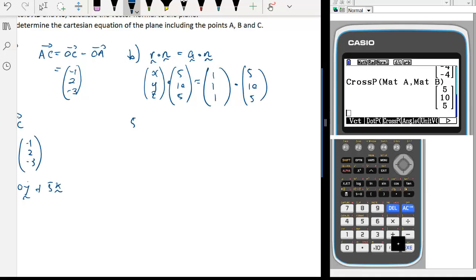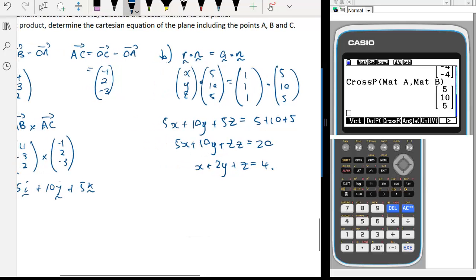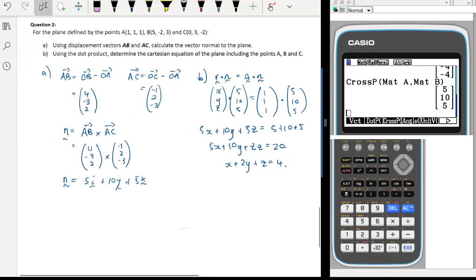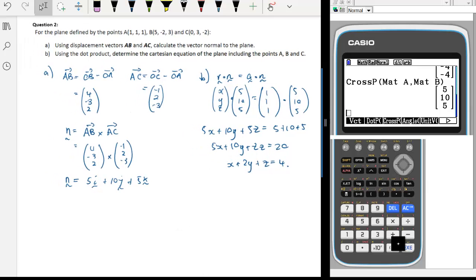So we've got 5x, 10y, 5z, and that's equal to 5 plus 10 plus 5. So 5x, 10y, and 5z is 20. Divide everything by 5, and we get x plus 2y plus z is equal to 4. So you can see it makes that question a lot easier, cuts out the complex calculation part, where we're having to find the determinant of that 3x3 matrix.